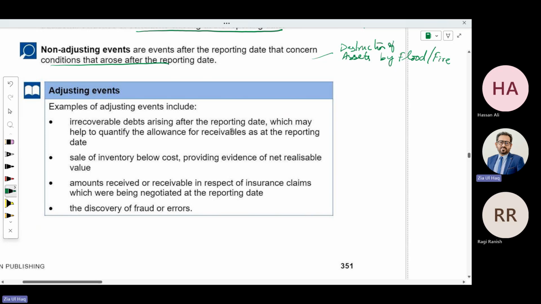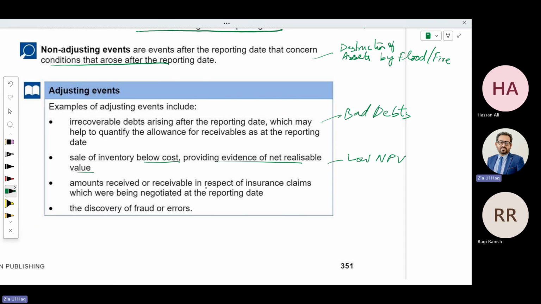There are some examples of adjusting events. Irrecoverable debt arising after the reporting date, which may help to quantify the allowance for receivables at the reporting date, meaning confirmed bad debts against which the receivable is recorded in the financial statements. So we need to adjust the receivable, meaning we need to record irrecoverable debt. Sale of inventory below cost, providing evidence of NRV, meaning low NRV.